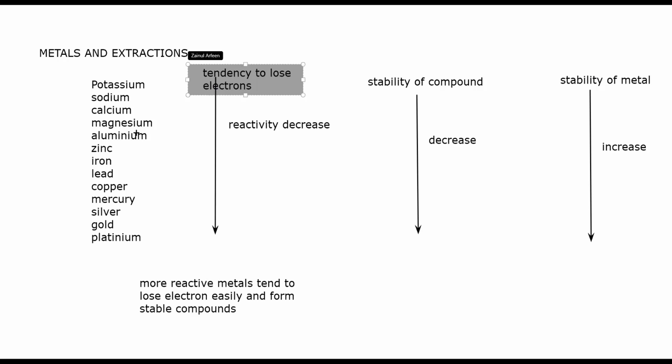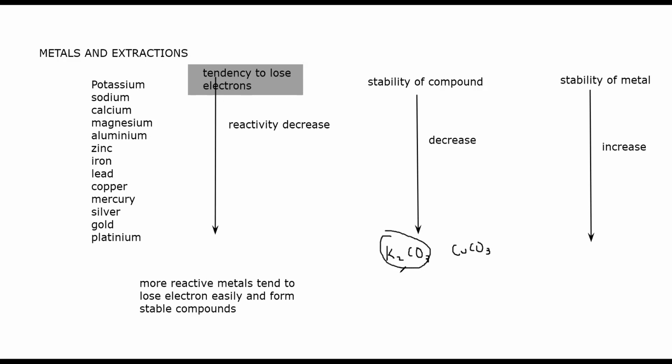But for the stability of a compound, as we go down the group, the stability of the compound decreases. The compounds are less stable. Like when I compare the stability of potassium carbonate with copper carbonate, which compound is more stable?